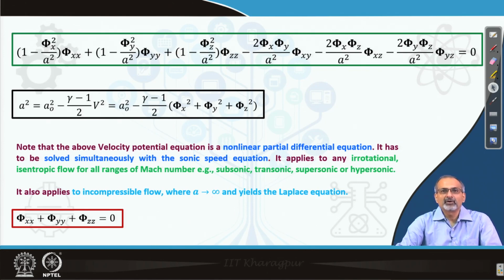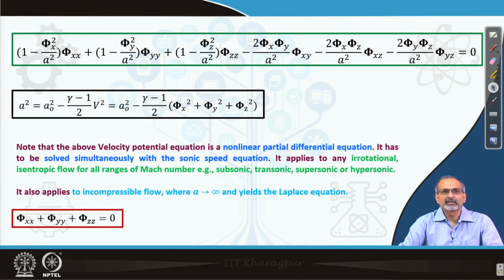So, let us move on, and I leave it as a small homework for you to come to this final form of the velocity potential equation, as an exercise that you can do at home. You see that it is actually a nonlinear partial differential equation in capital phi involving second order derivatives of phi, and it also involves the square of the sonic speed, and there is a separate equation written in a lower box which gives you the expression of the sonic speed.